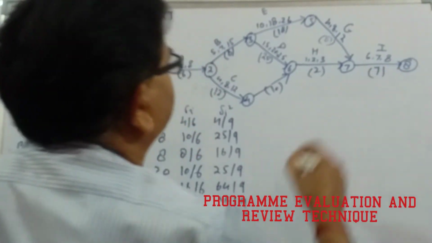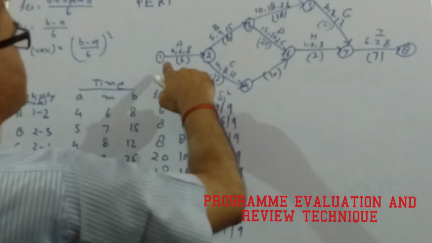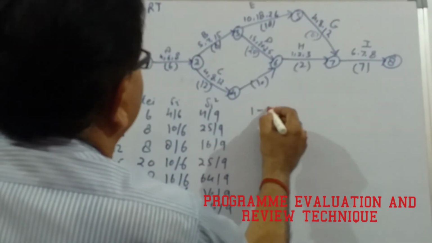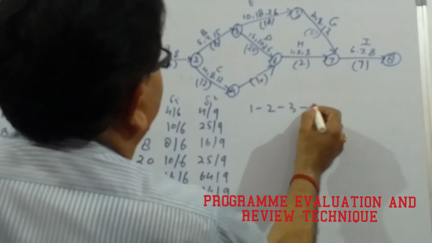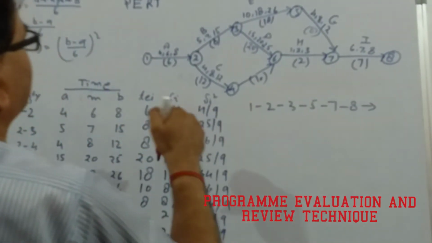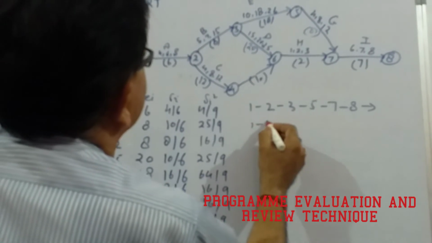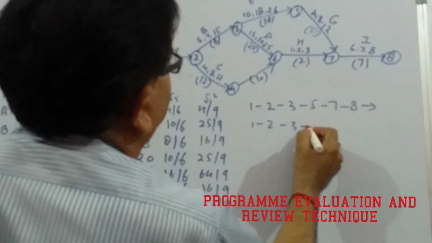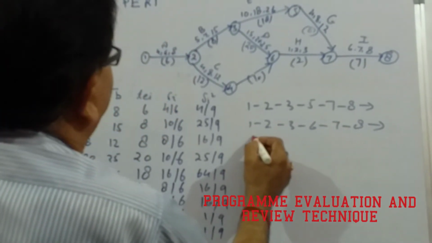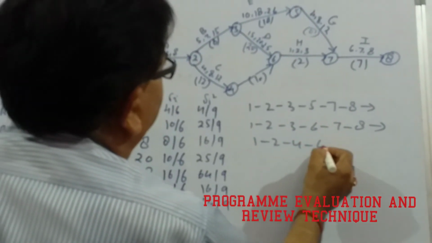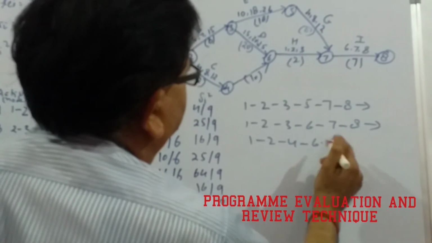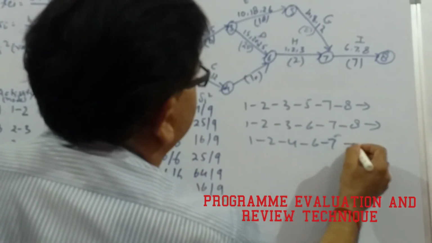Now we can calculate the longest duration. If we look at this path, 1 to 2, 2 to 3, 3 to 5, 5 to 7, 7 to 8, see how much does it come out to be. Another path, 1 to 2, 2 to 3, 3 to 6, 6 to 7, 7 to 8. Another path, 1 to 2, 2 to 4, 4 to 6, 6 to 7, 7 to 8.